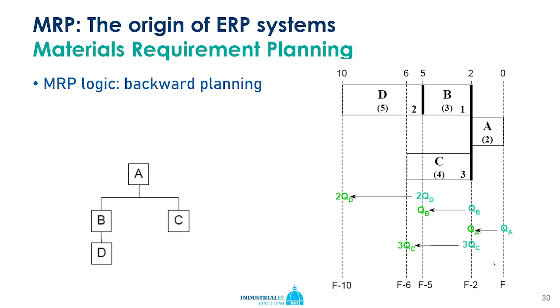I have a date when I want to have my final production done. I want to have this A product finished, and I move backwards, making sure that I get the right number of components in time for me to move to the next stage, according to this structure here, which, as I mentioned, is what we call the bill of materials, because it tells us where we need to get a component at different levels, so that eventually we have the end product that we can ship to our customer or move to the next stage within the production plant.